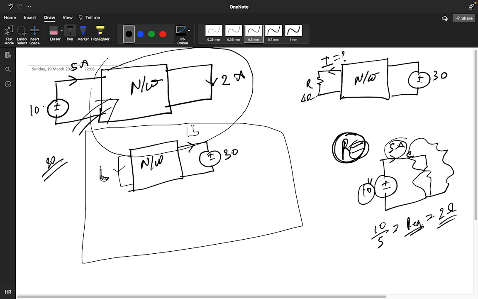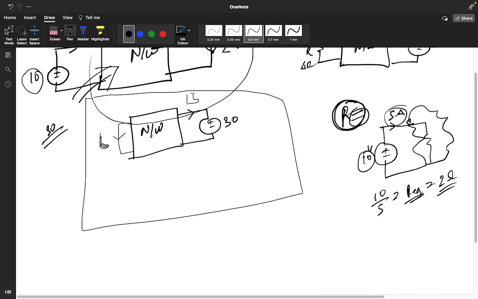This is my huge network, I am assuming. But I know the value of voltage and I know the value of current. So if I divide this, I will get the value of the resistor, right? RTH value, I will get it now. From where you are watching, from this point only you need to solve the circuit.